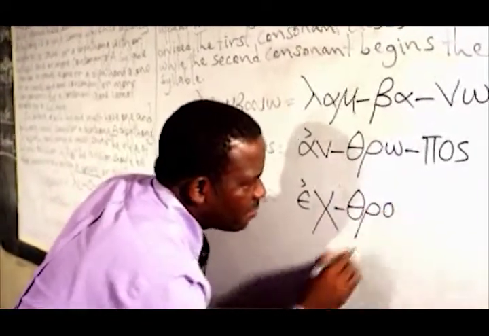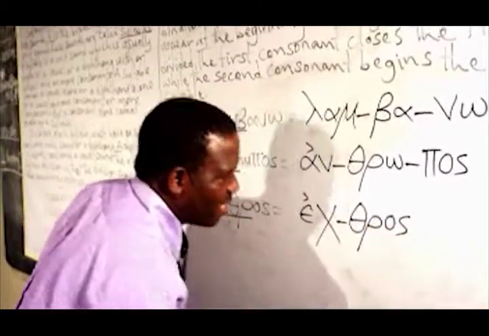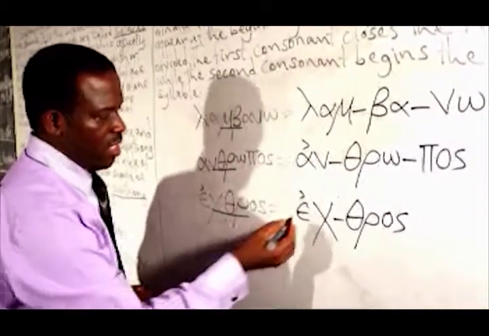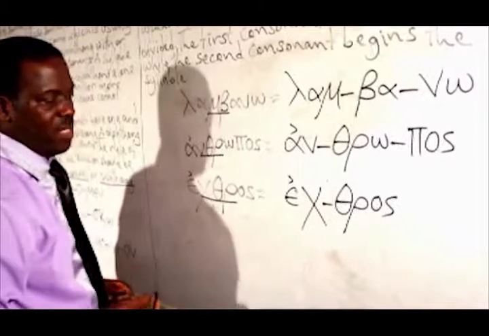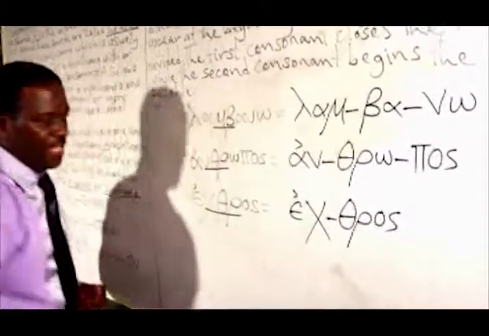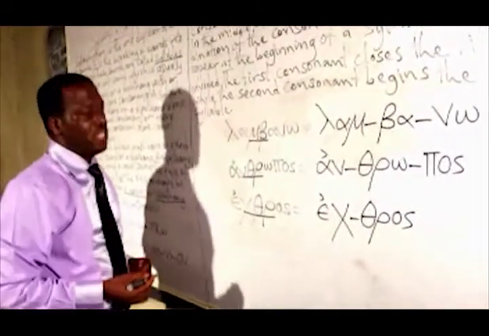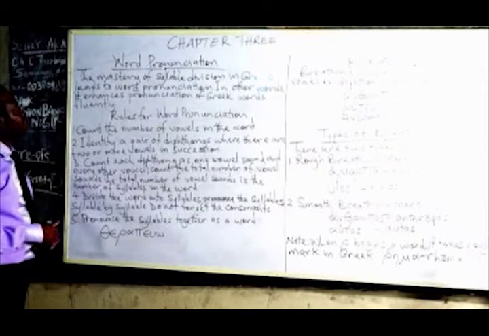Then we have the vowel omicron and the last letter sigma: ek, thros. Chi goes with epsilon, while theta and rho go with the last syllable. So we have two syllables: ek, thros.